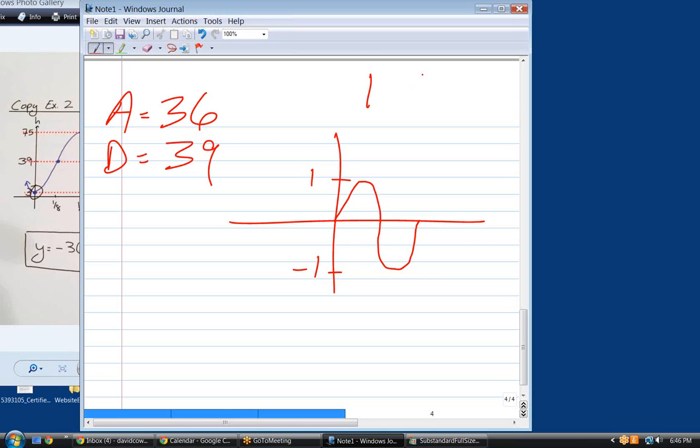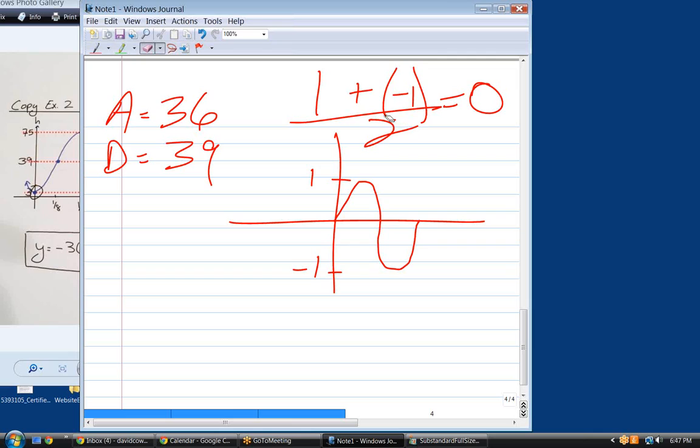Well, 1 minus negative 1 divided by 2 equals 1. Okay, what is D on my standard sine curve? 0. There's no vertical shift. Right. How would I get that? I would take 1 plus negative 1 and divide by 2 to get 0.